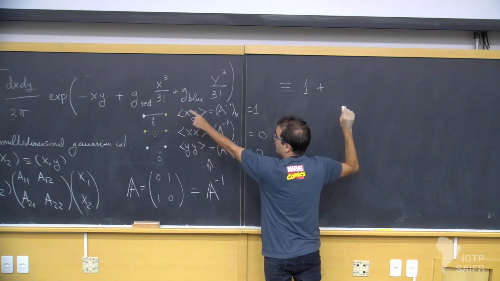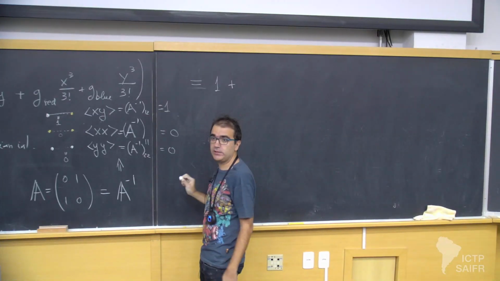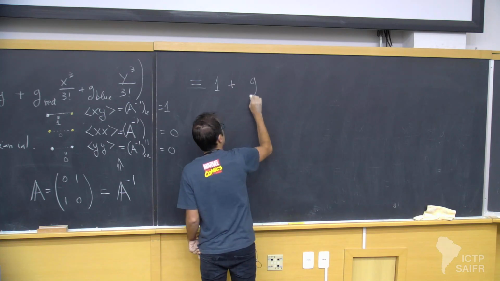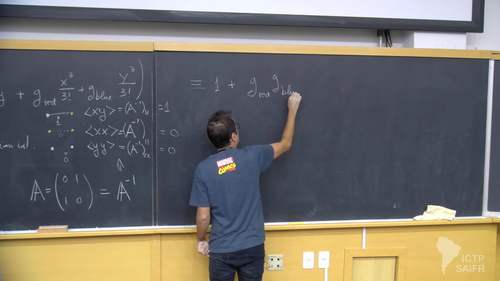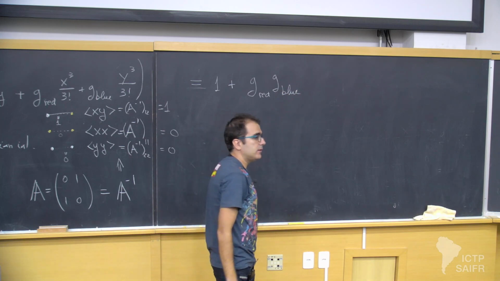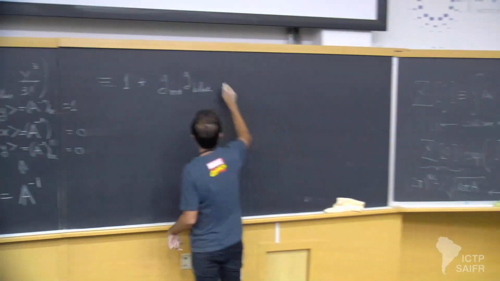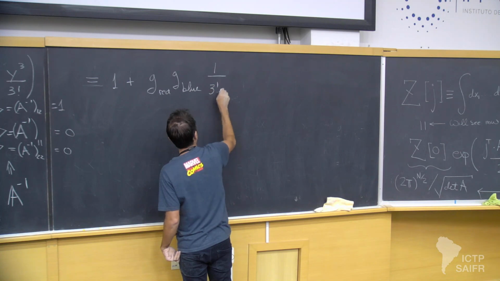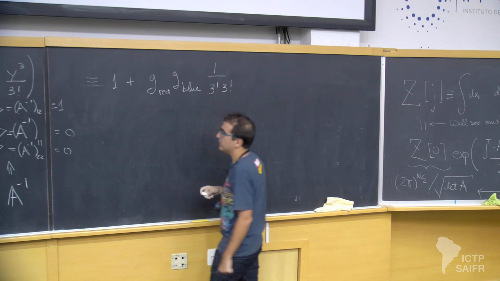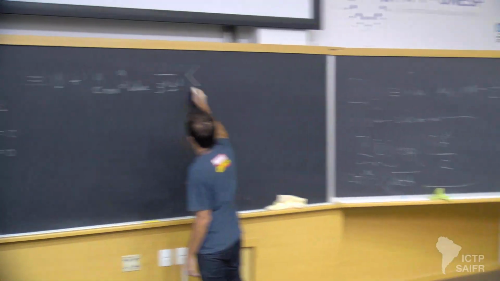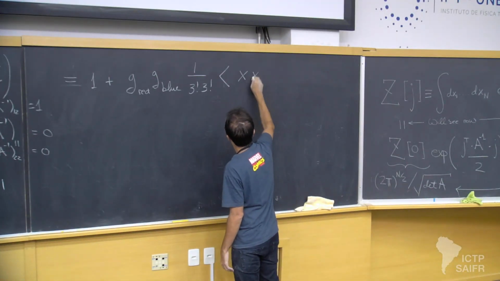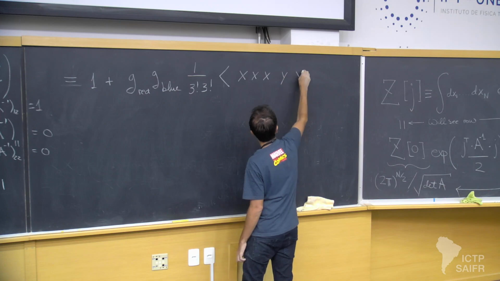If I just take red or just blue, I get 0 by symmetry, right? So the first interesting term is just 1 red and 1 blue. So let's see. I expand, so I have 1 over 3 factorial. That's from expanding both exponentials. Expectation value of x, x, x, y, y, y.